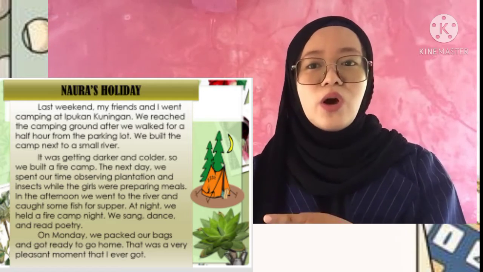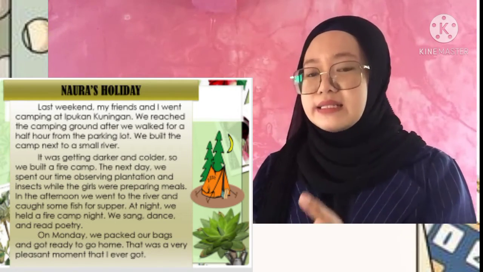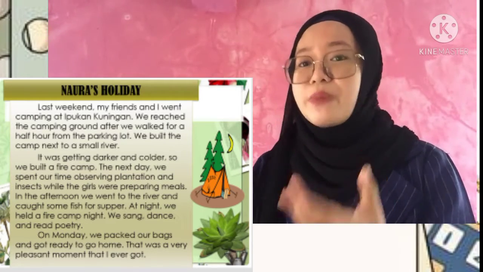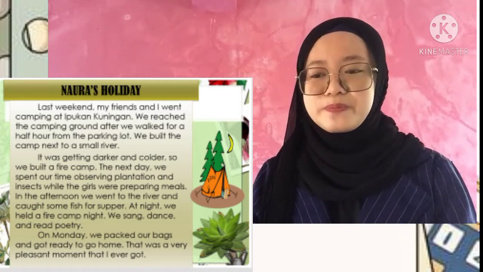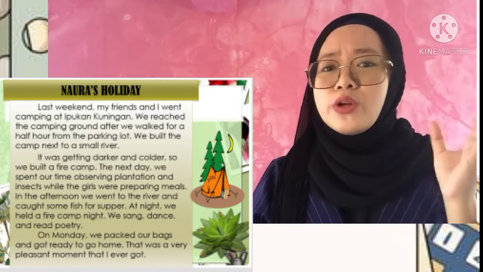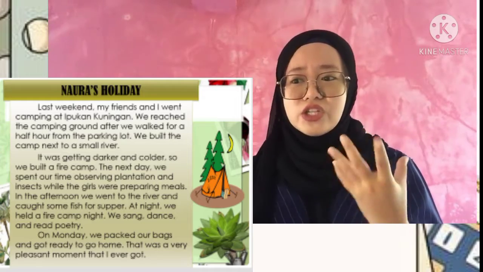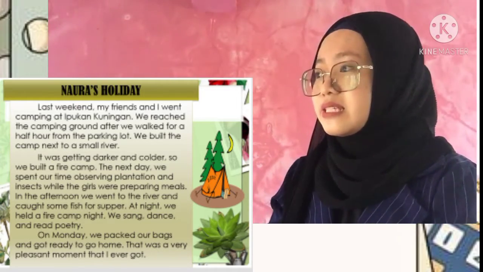Okay, so this is the text about a personal experience recount. And then, do you know what the orientation in this text is? Okay, good. The first paragraph is the orientation. For example, last weekend my friend and I went camping at Ipukan, Kuningan. Yes, that's true.